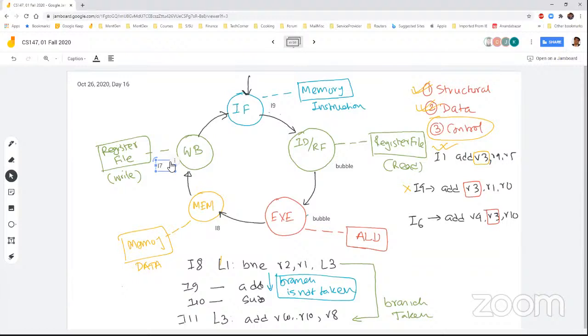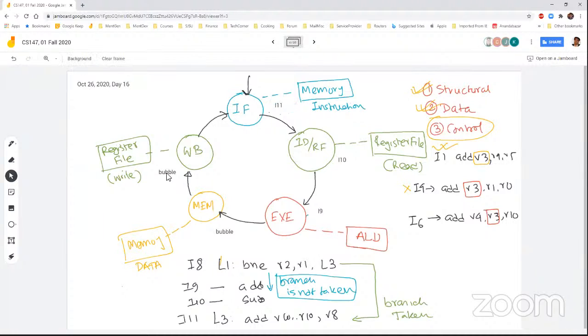This is done. This one is done. I8 moves here, a bubble moves here, another bubble moves here, I9 comes here, then I10 comes there. The next cycle, I8 is done, the bubble is moved, I9, I10, and it's duplicated.